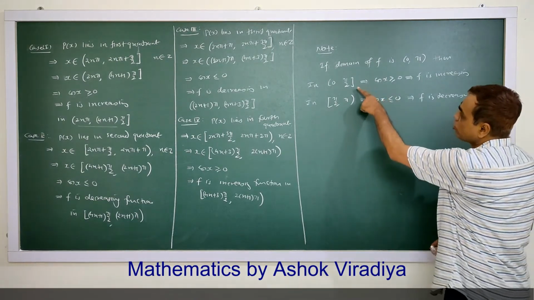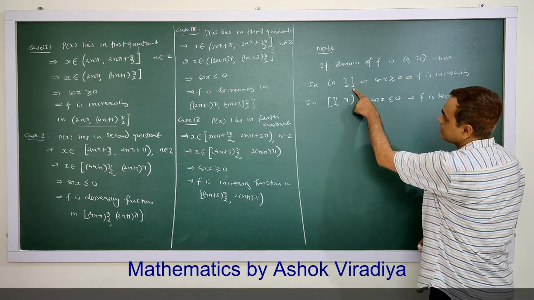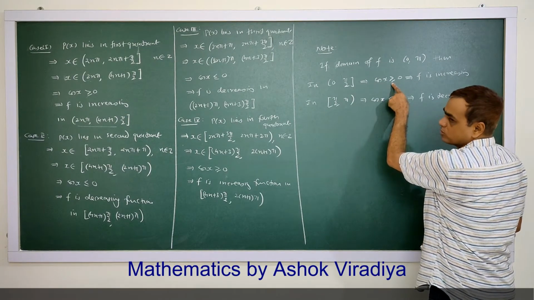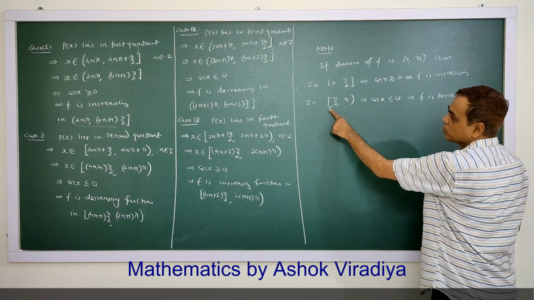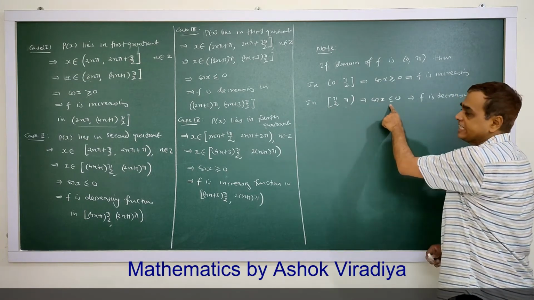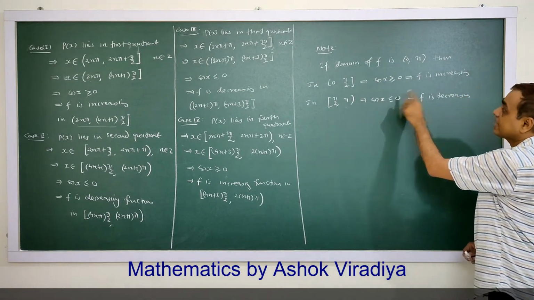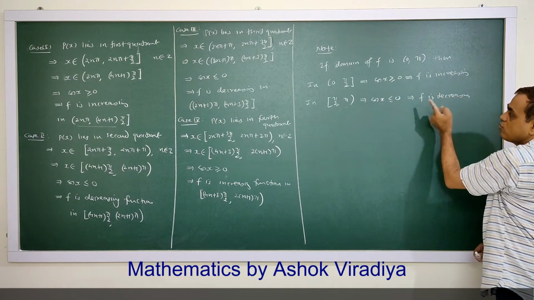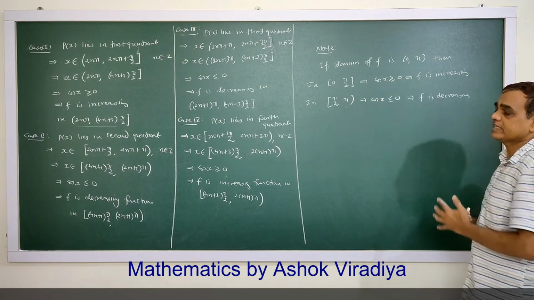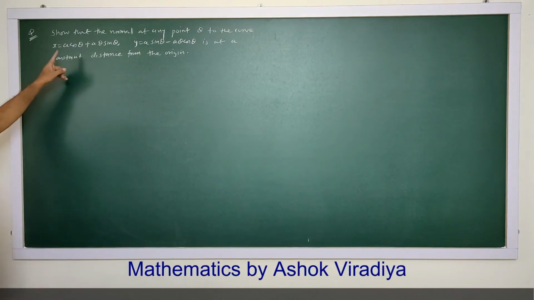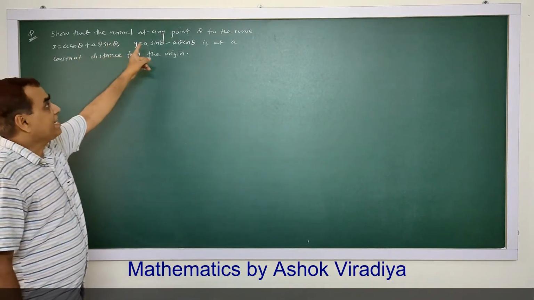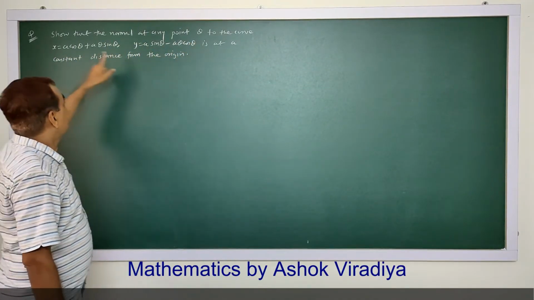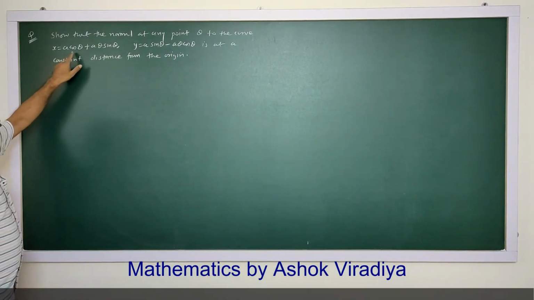If you remove this closed interval, then cos x will be strictly greater than 0. If you remove this closed interval, it will be strictly less than 0. In that case, here we put the word strictly increasing. Function is strictly decreasing.